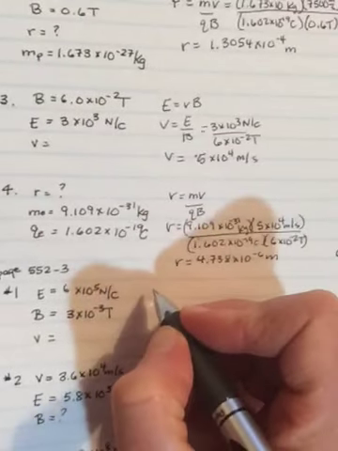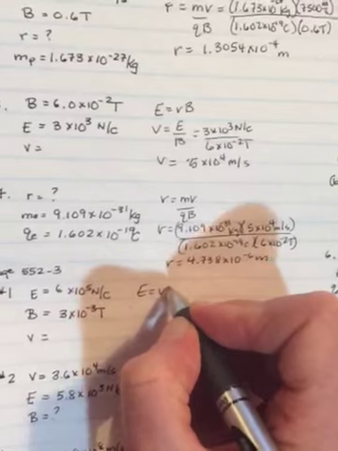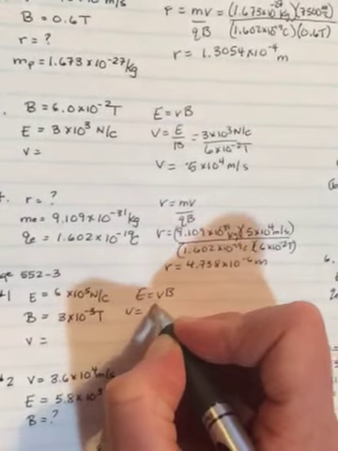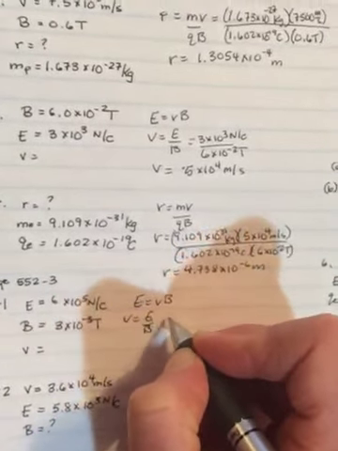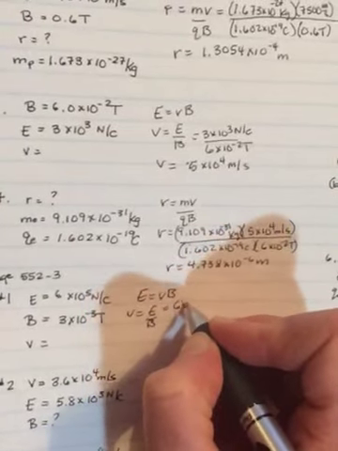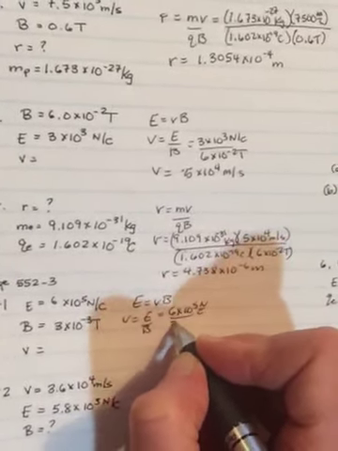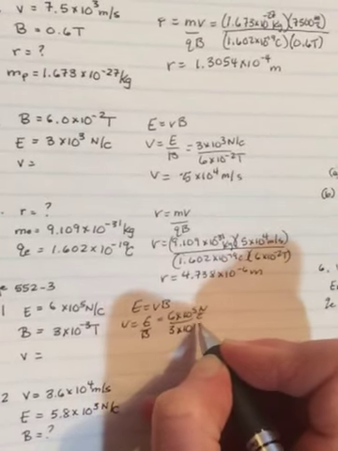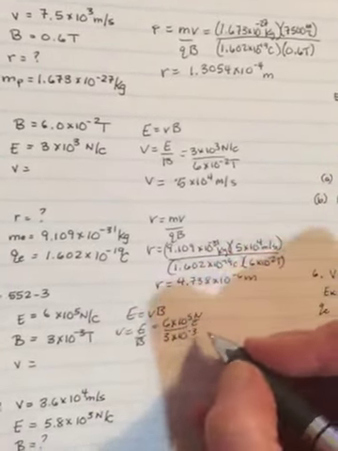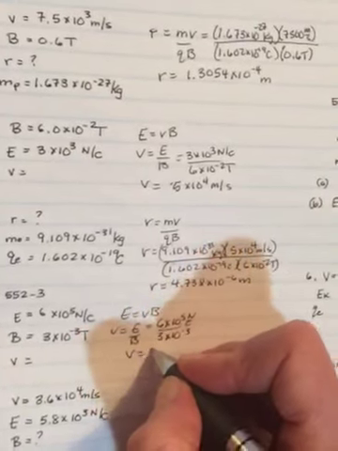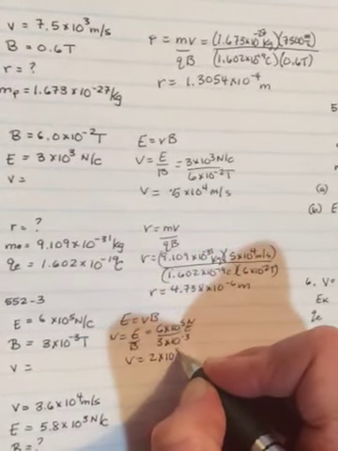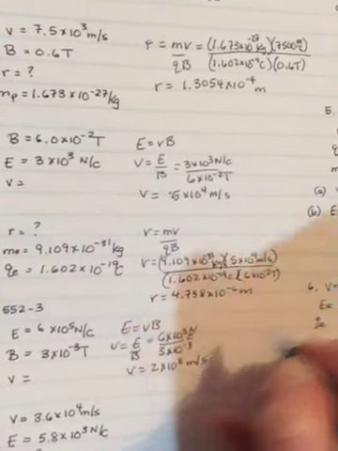We've already done this. E equals VB, V equals E over B. So E was 6 times 10 to the 5th newtons per coulomb divided by 3 times 10 to the negative 3. So V is 2 times 10 to the 8th meters per second.